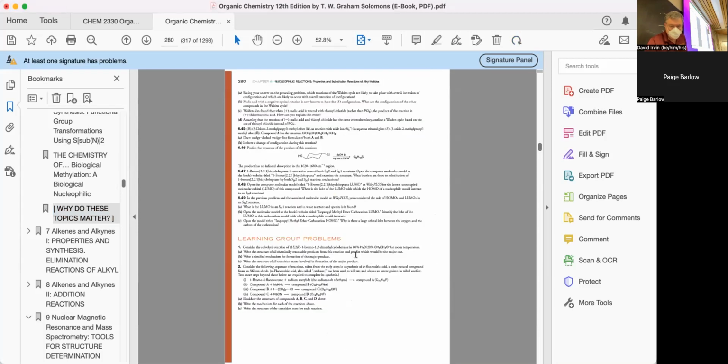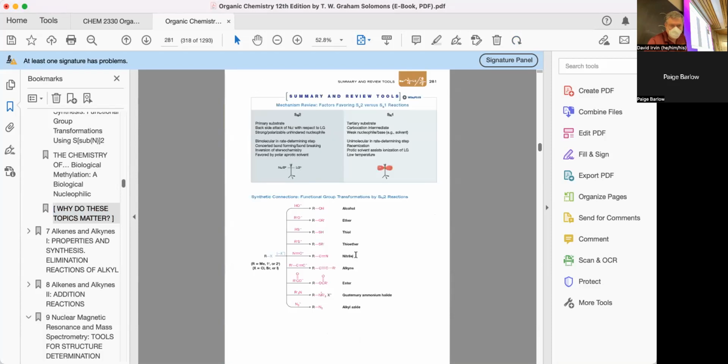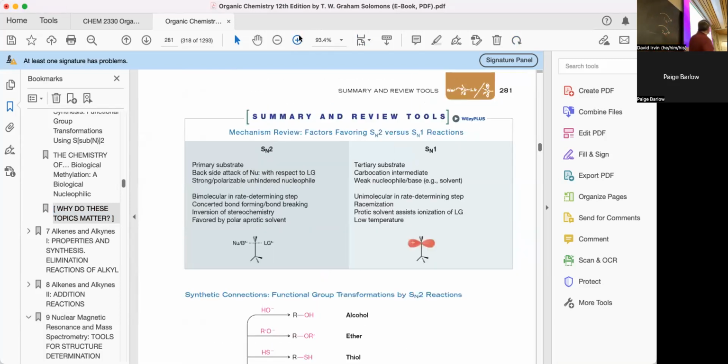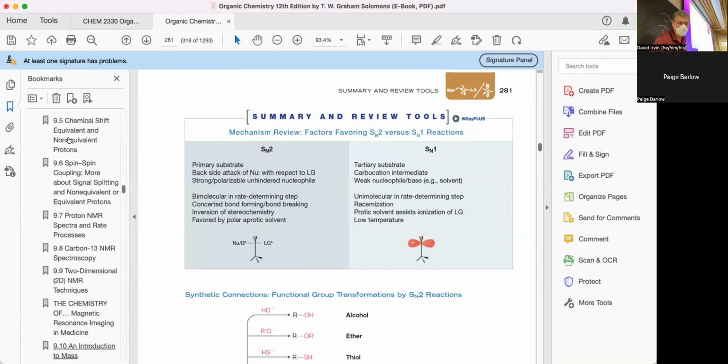If you look at the end of chapter 6, there's this one here. It gives a summary of the SN2, SN1 mechanisms, everything I've just given you as well. And it gives you all the functional groups you can do. But what's really cool is it does it for chapter 7 as well.